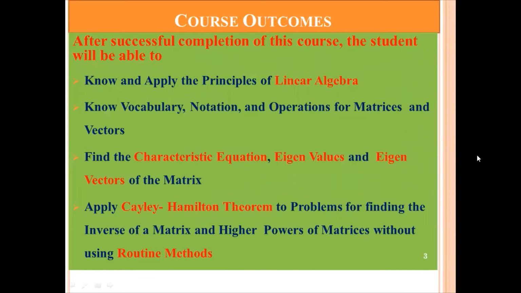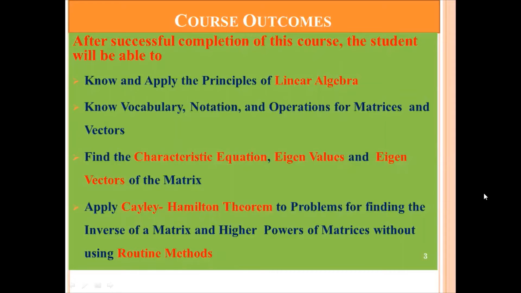These are the course outcomes. After successful completion of this course, the student will be able to know and apply the principles of linear algebra, know vocabulary, notation and operations for matrices and vectors, find the characteristic equation, characteristic values and characteristic vectors of the matrix, apply Cayley-Hamilton theorem to problems for finding the inverse of a matrix and higher powers of matrices without using the routine method.